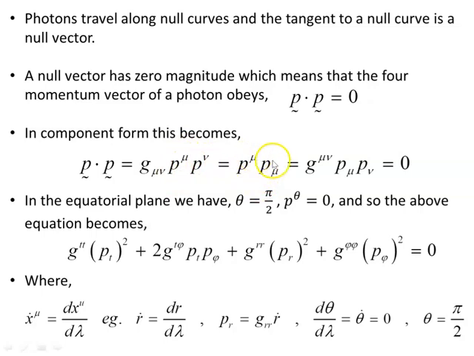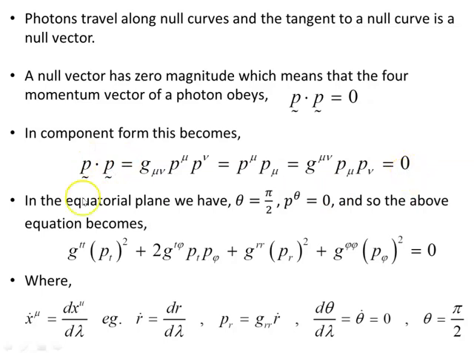Contracting that, we have P mu up and P mu down. These, one component up and one component down, we sum over to give us a scalar. We can write that another way as the inverse metric g mu nu and the covariant components of the momentum four-vector P nu. But either way, when we contract, this magnitude squared must be 0.